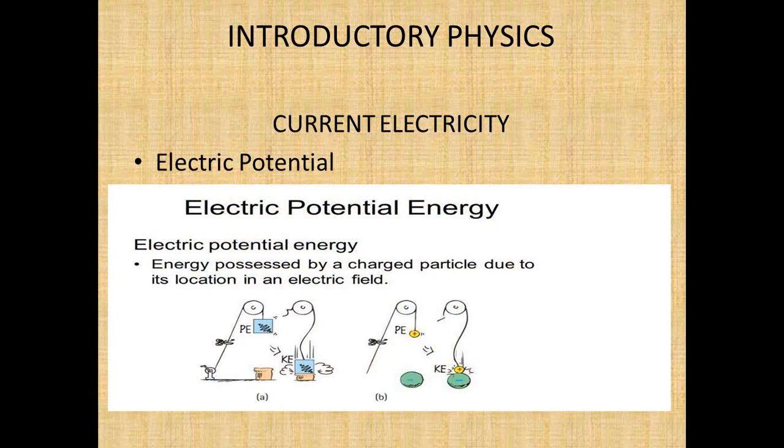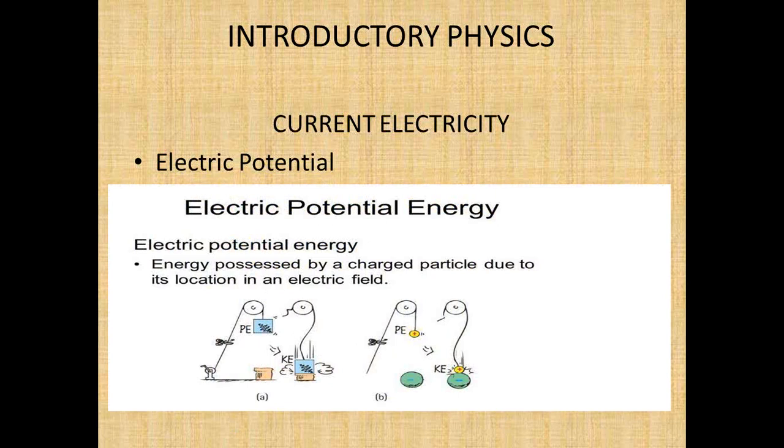So the closer you bring that test charge to the source charge, the greater the force and the energy. So the potential energy is going to be greater the closer it is to the source charge.